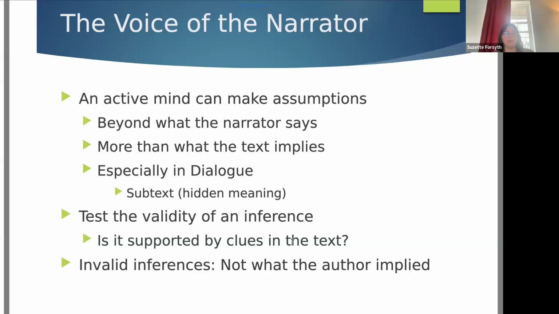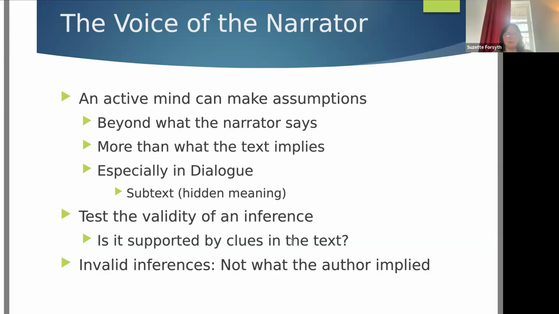Maybe somebody is trying to engage someone in conversation in the dialogue in a story, and that other person is being very curt, very short. They don't say much. They're just yes, no, sure, and the subtext there is, I don't want to talk to you for some reason, right?